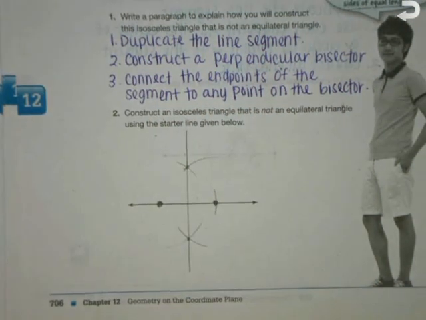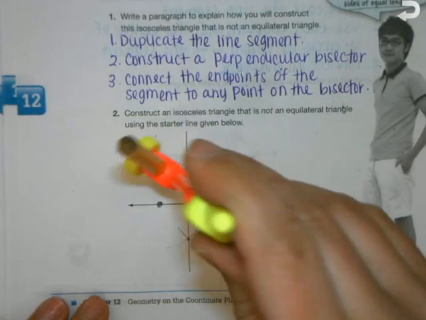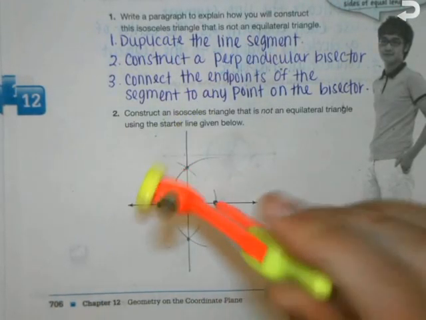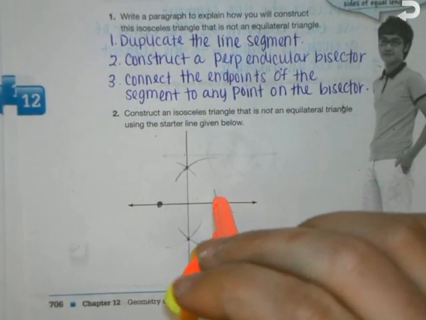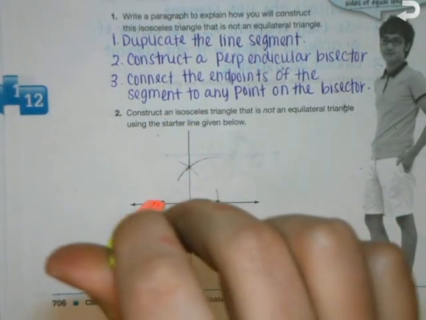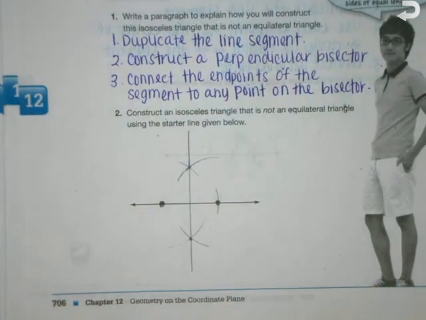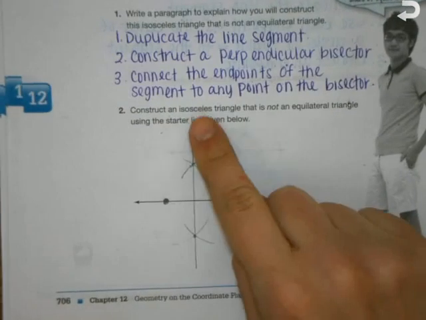There you go. So you keep your compass the same opening, and you construct an arc above and below, and then you use the other endpoint to construct an arc above and below with the same opening as you did the first time, and that will give you two intersection points so you can create your segment.